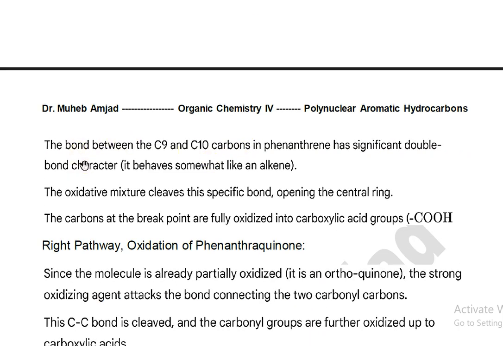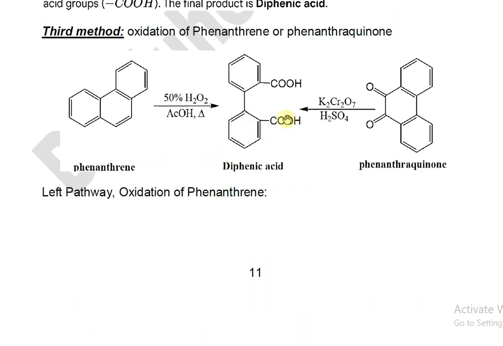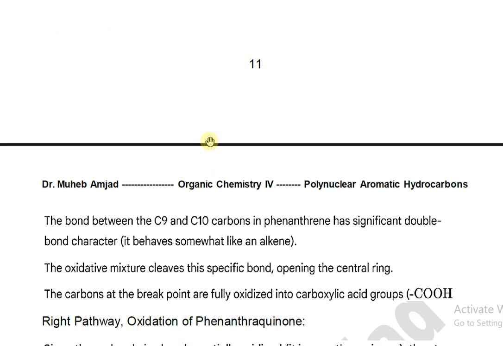Here we have the explanations of this reaction. The bond between carbons C9 and C10 in phenanthrene has significant double bond character.